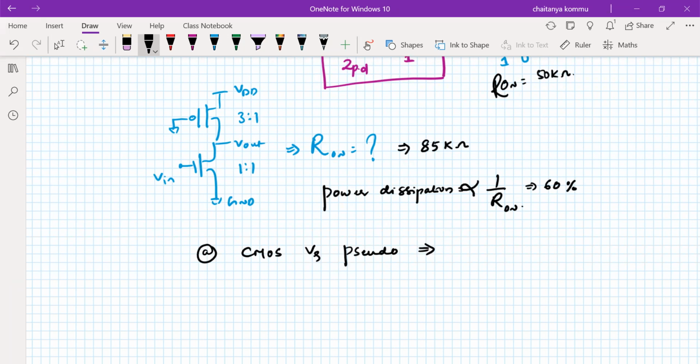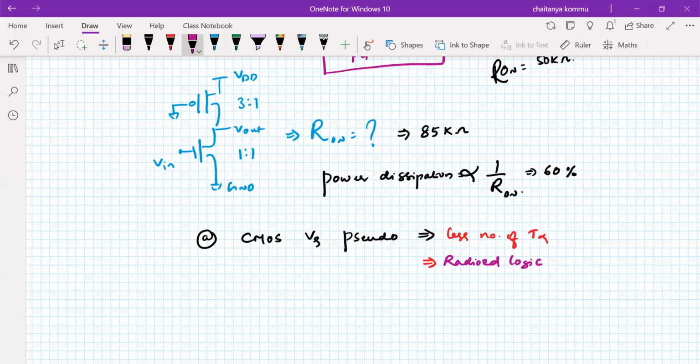What is the main thing? Main thing is less number of transistors. But what is the biggest disadvantage of this one? Ratioed logic. The output depends on the ratio of the logic, so it's not advisable. We have to carefully design the size of the transistors, otherwise we won't get the output properly.